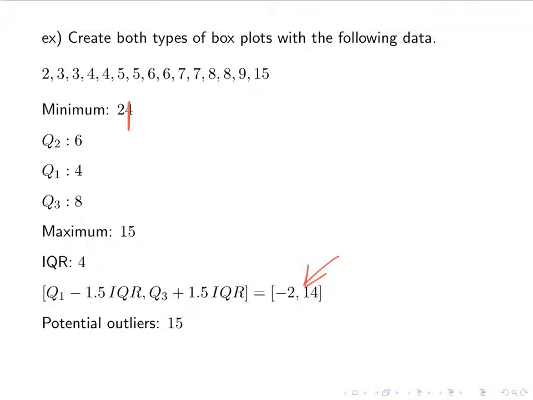The lowest number inside the range happens to be my minimum too. There are no potential outliers on the lower half of my data set. The adjacent value on the upper end, the highest value that's not a potential outlier, is my 9. So my adjacent values are 2 and 9.